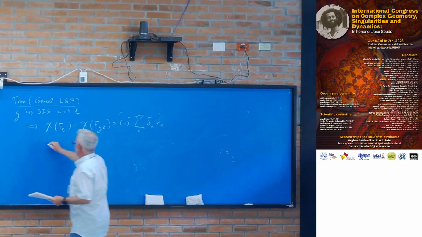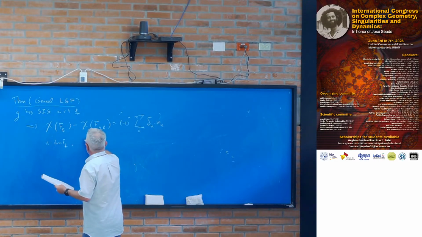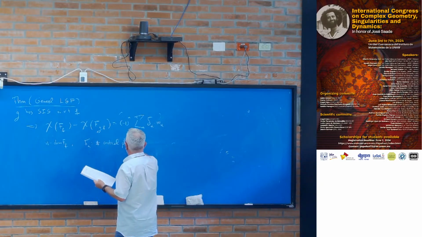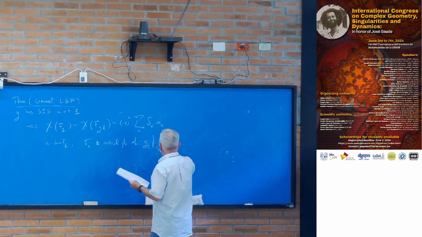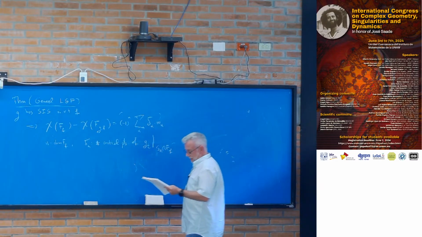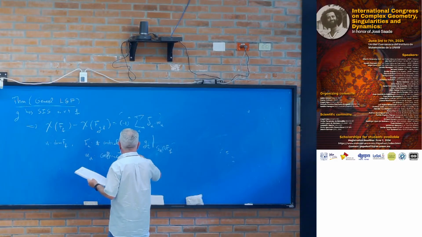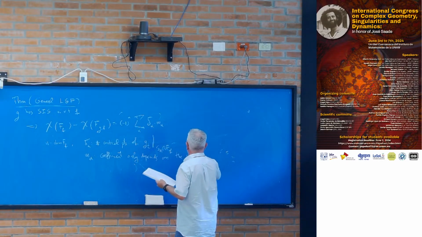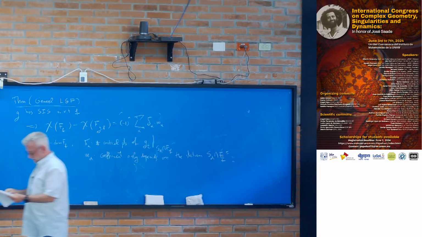So here n is the dimension of the fiber. Delta alpha is the number of critical points of the morsification restricted to the stratum in the fiber, and m alpha is a coefficient which only depends on the stratum S alpha intersection with the fiber. Okay.